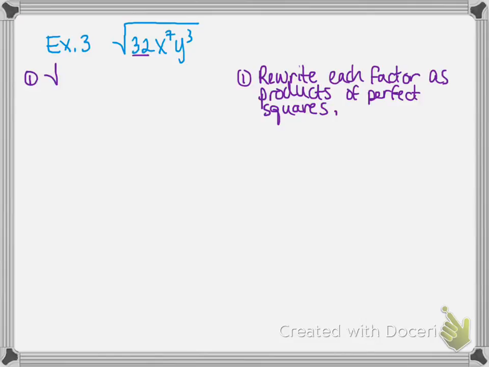Okay, so 32. What's the largest perfect square factor of 32? 16 times 2, and 16 can be written as 4 squared. Now x to the 7th. I need to write it as something squared, and I might have something left over.